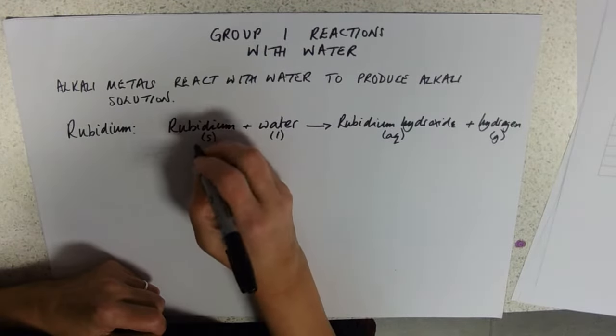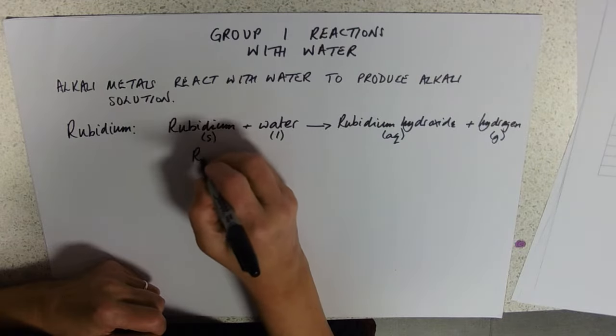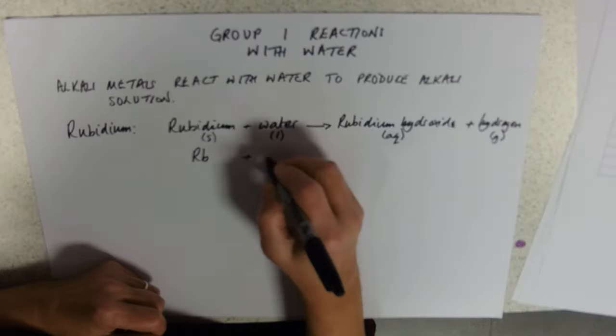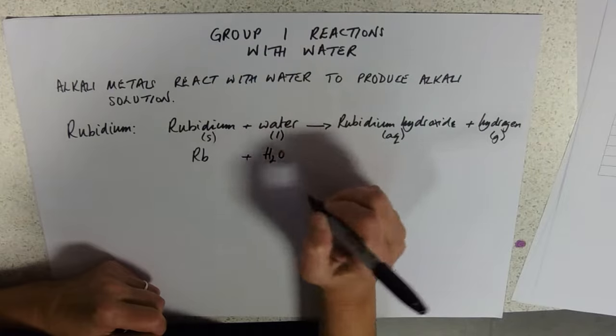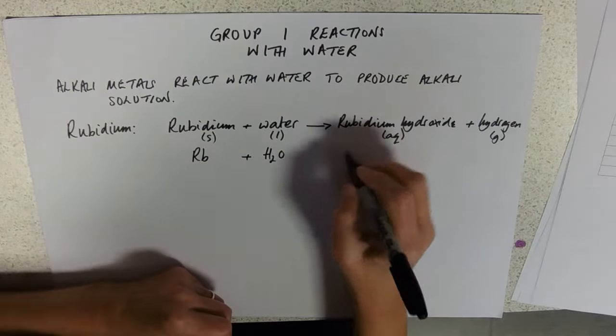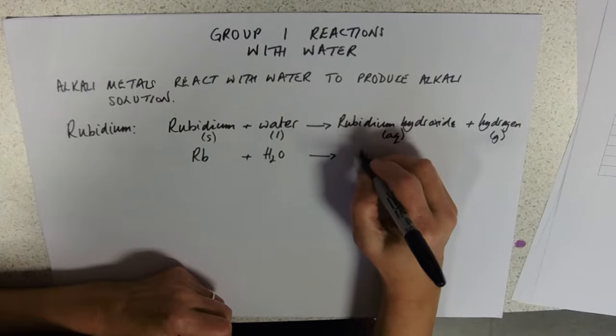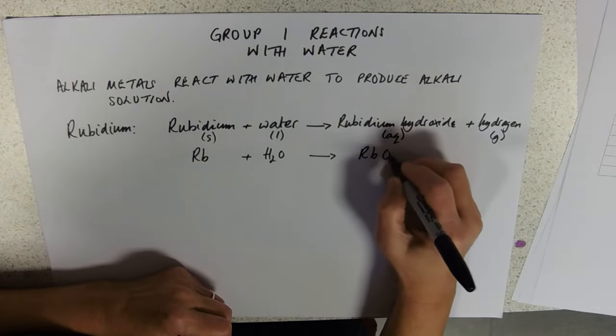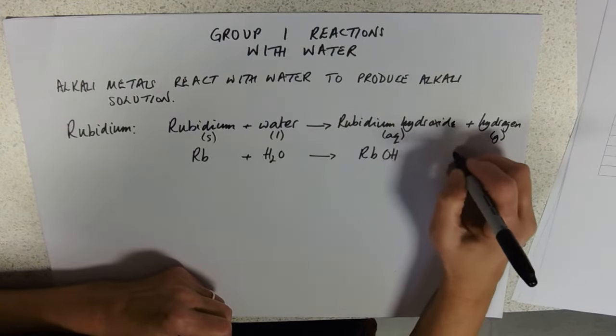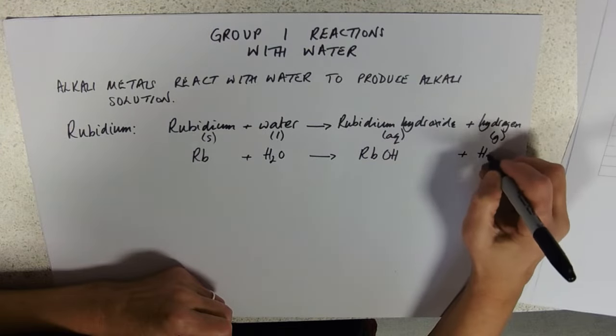So, symbols then. Rubidium plus H2O gives rubidium hydroxide plus hydrogen gas.